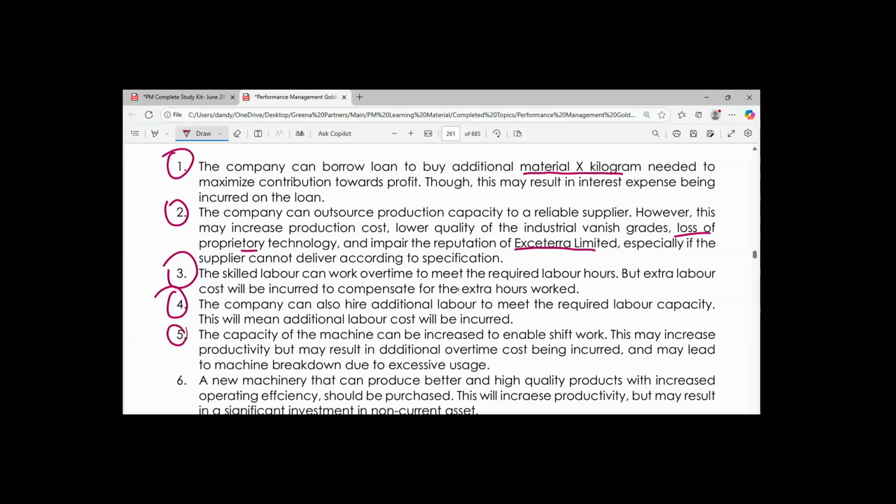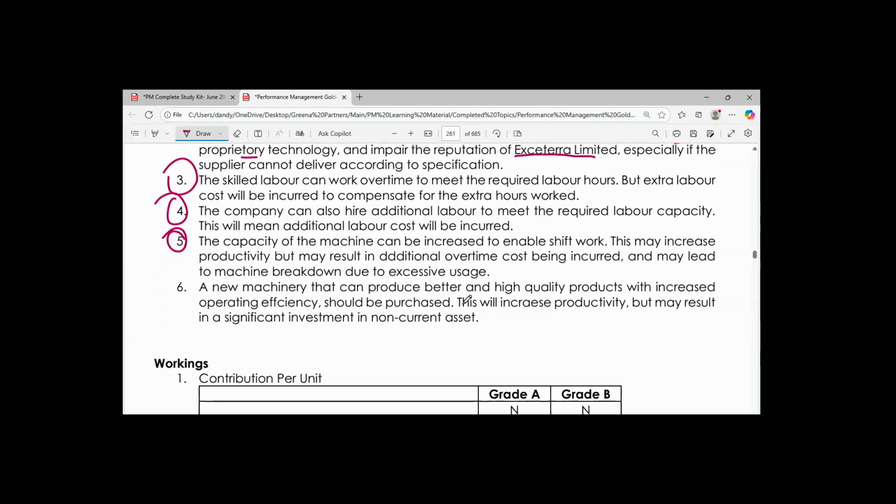Then number five, I also said that the capacity of the machine can be increased to enable shift work. The workers can be doing a kind of shift in order to ensure that they meet the production requirement.